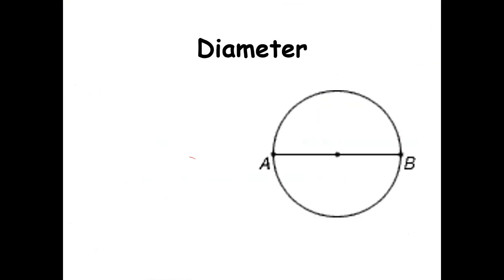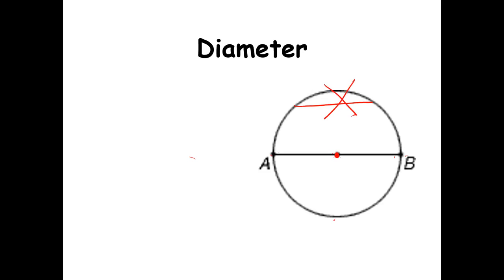So when I want to draw a diameter, it should pass through the center and cut the circle in 2 equal parts. The segment AB has 2 endpoints, A and B. Why does it have to pass through the center? Because if I draw it like this and it doesn't pass through the center, then it's not a diameter.